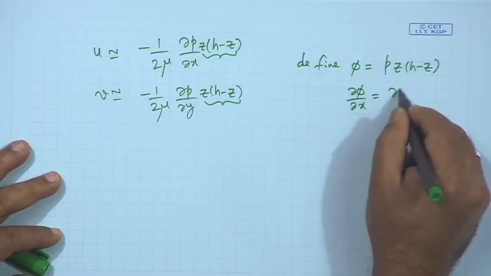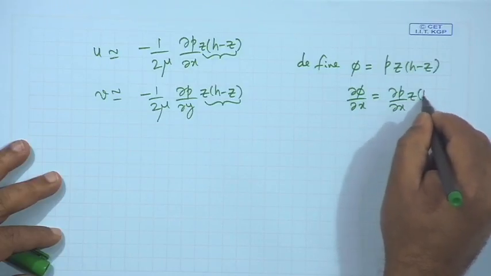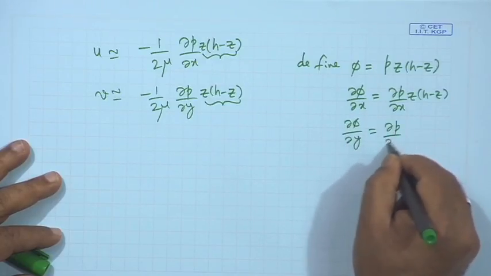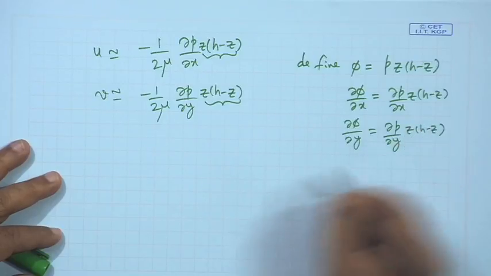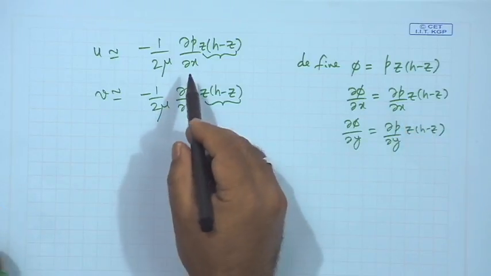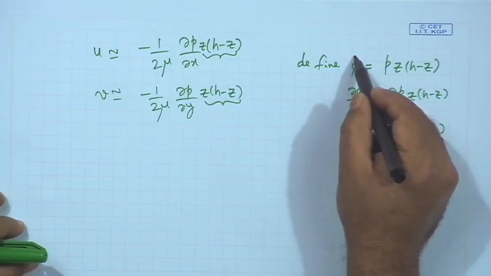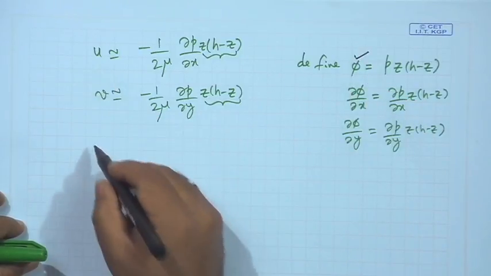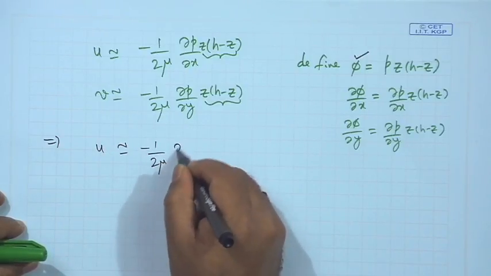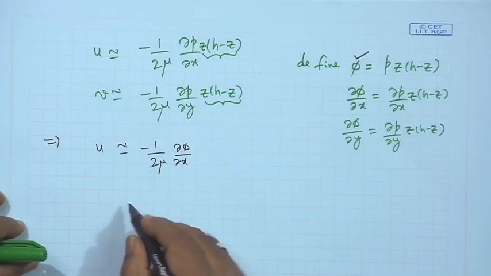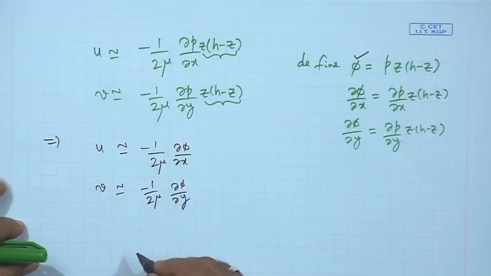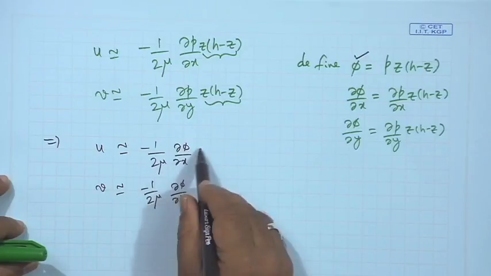Then we can realize that the velocity components follow exactly from this. Once we have this structure, what we are trying to do is define a function phi such that d phi by dx gives u, and we can even absorb the constants in this.